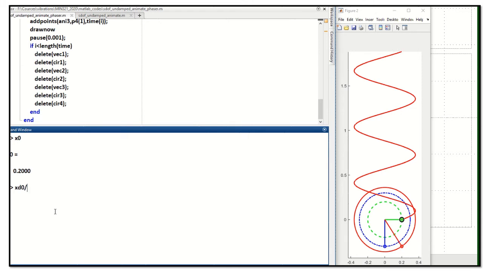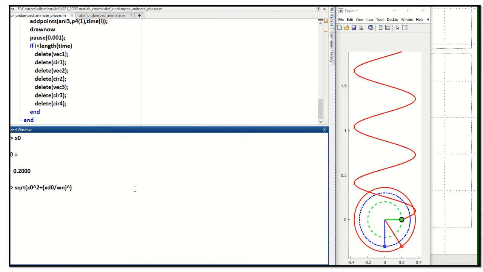You can obtain the length of the position vector as the square root of the sum of the squares of two quantities: the square of the initial displacement plus the square of the initial velocity divided by omega n.